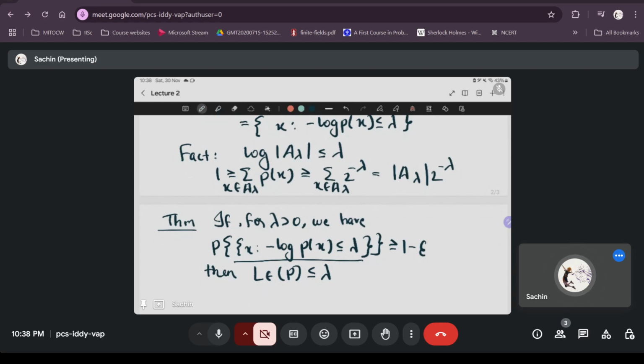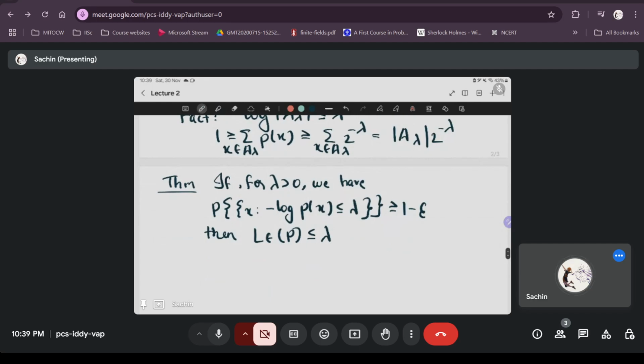It follows from this fact. So in the definition of L epsilon of p, we had lots of high probability sets. If this set is one among them, then it will have log cardinality of A lambda number of bits to represent A lambda, but that will be greater than or equal to L epsilon of p, because L epsilon of p is the minimum among those. But this log of A lambda is in turn less than or equal to lambda from the previous fact. So L epsilon of p is less than or equal to lambda if this is a high probability set.